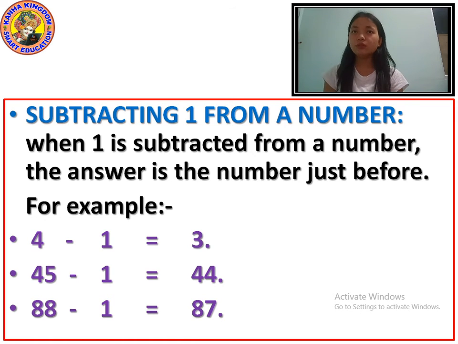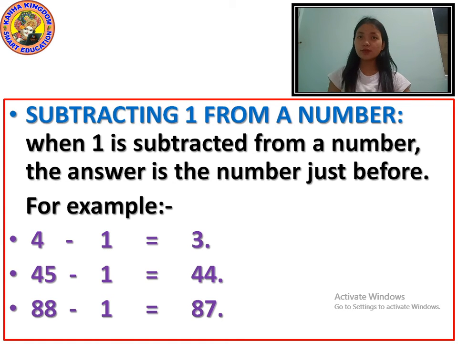Now, for example, when you subtract 1 from 4, you will get 3 as an answer, because 3 is the number that comes just before 4. The second example, 45 minus 1 equals 44, because 44 is the number that comes just before 45.